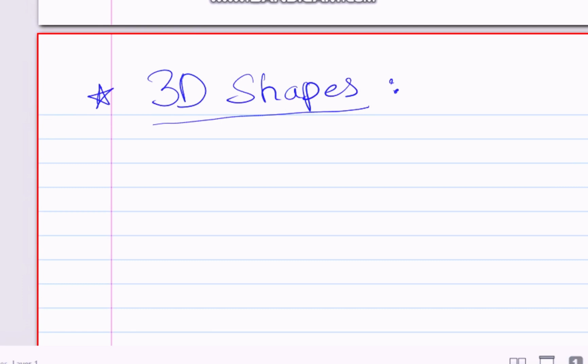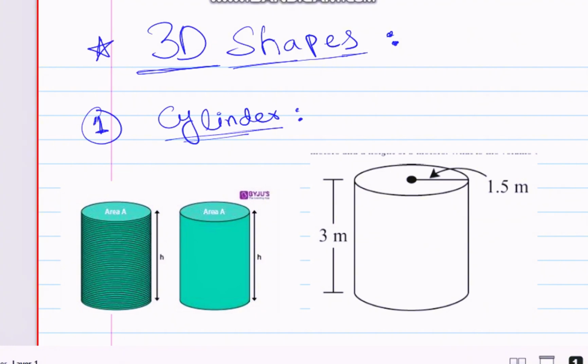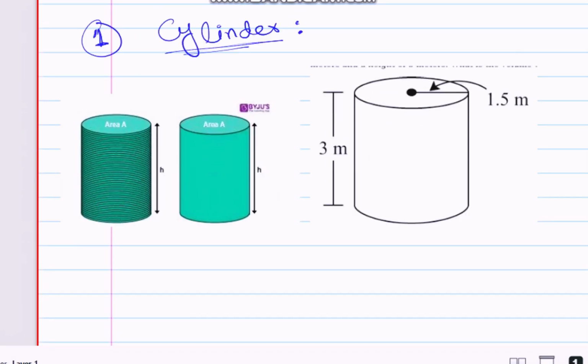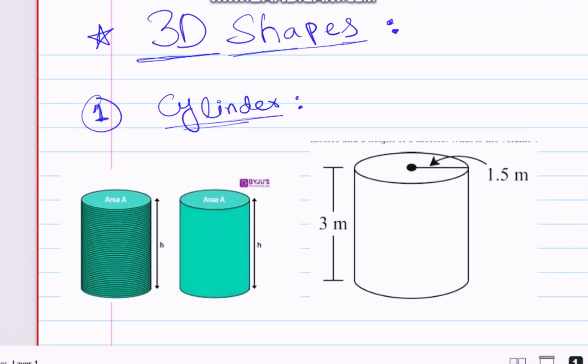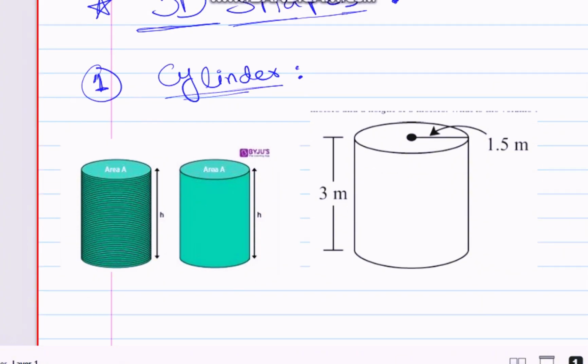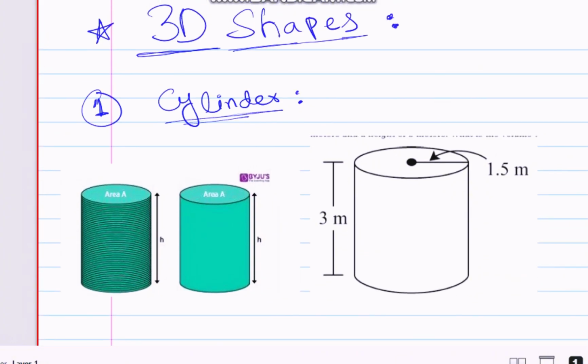Okay, but before this I want to take a little break. Okay, dear students, we are now studying the 3D shapes. For 3D shapes, I told you what three-dimensional things are and what 2D is. I explained it a lot in my lecture number 36. You can watch it on my YouTube channel. These are the 3D shapes.